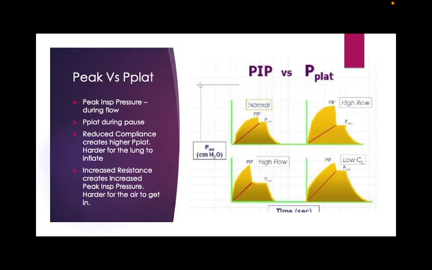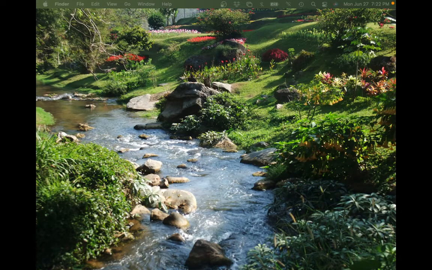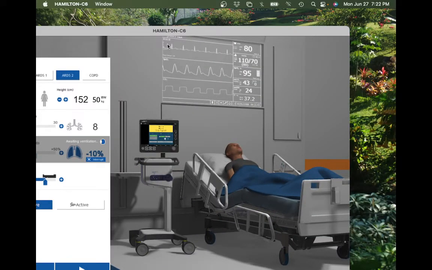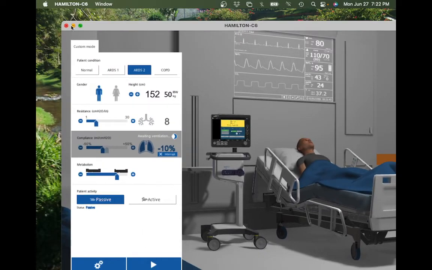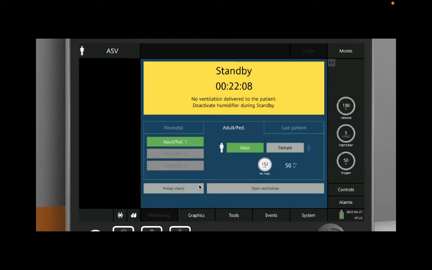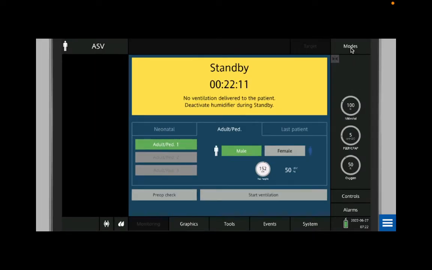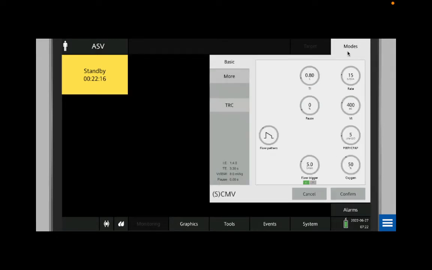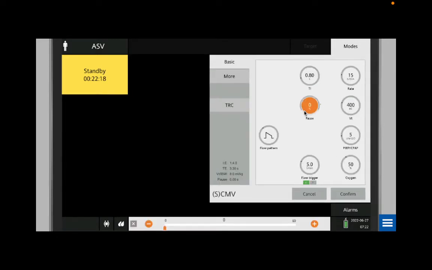So you guys all look slightly confused. Let's see if we put this up on our ventilator simulator, if it will make more sense. All right, so if we go to volume control, normally don't do a pause, but for this demonstration, I'm putting one in.